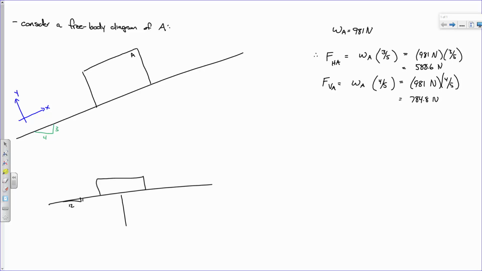One component is going to be a normal force. The box is going to push down on the ramp, and the ramp is going to respond with a normal force acting directly up, right? But there's also a part of that weight that wants to cause it to slide down, right?